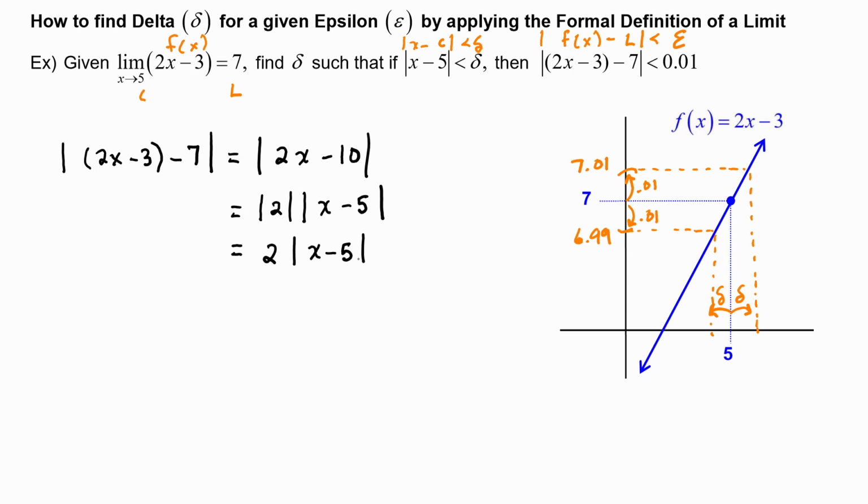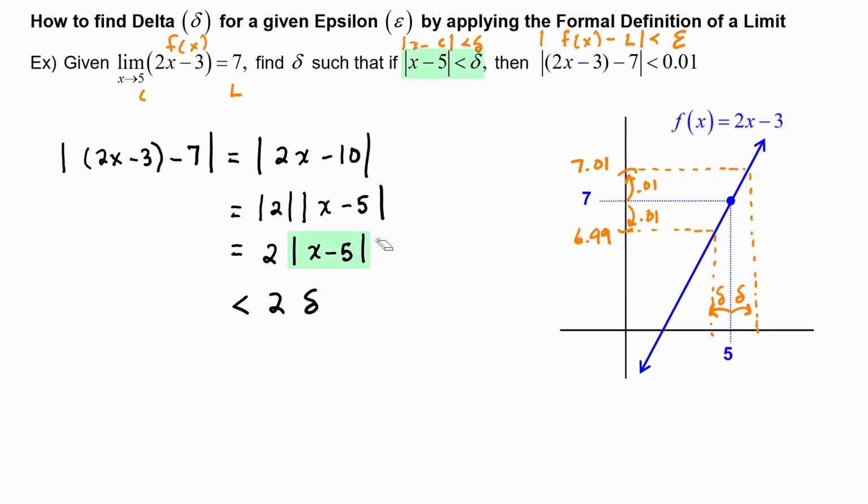That has to multiply the absolute value of x minus 5. Now, one thing we know is that the absolute value of x minus 5 is going to be less than delta. It doesn't equal delta, but it is less than delta. So this quantity would not equal 2 times delta. This quantity would be less than 2 times delta if we make that substitution.